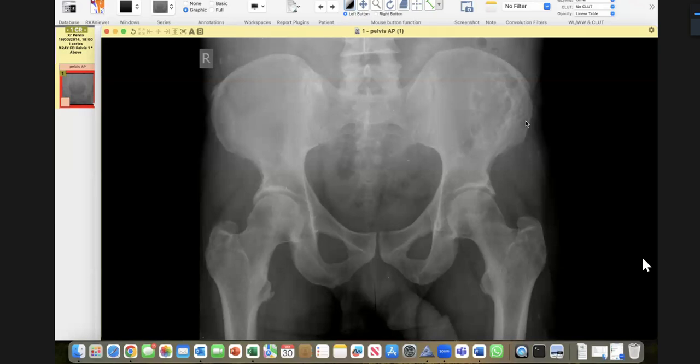So the key thing in fibrous dysplasia is that it is basically replacement of the marrow by cystic spaces, and then they ossify up to a degree. They can be ground glass, and they can become more sclerotic than that. And of course, they can be lytic also.